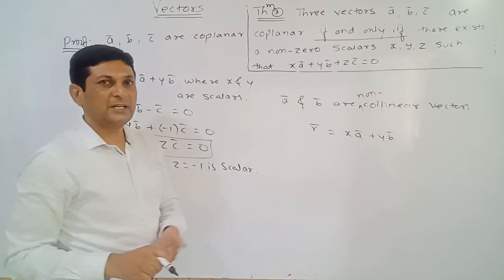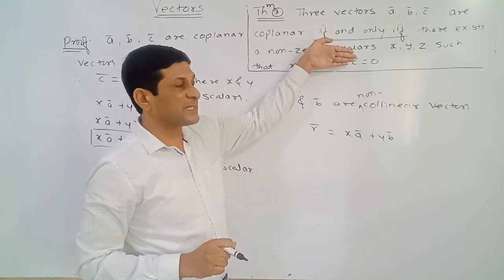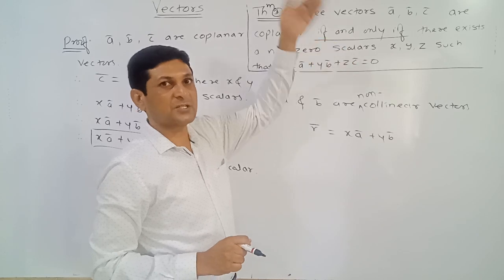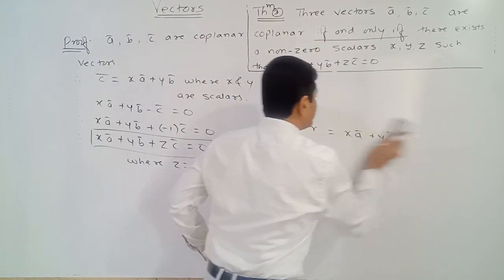Now let us try to prove the converse part. In the converse part we are considering the second part as the given condition, and let us try to prove the first part. So what is the second part here?